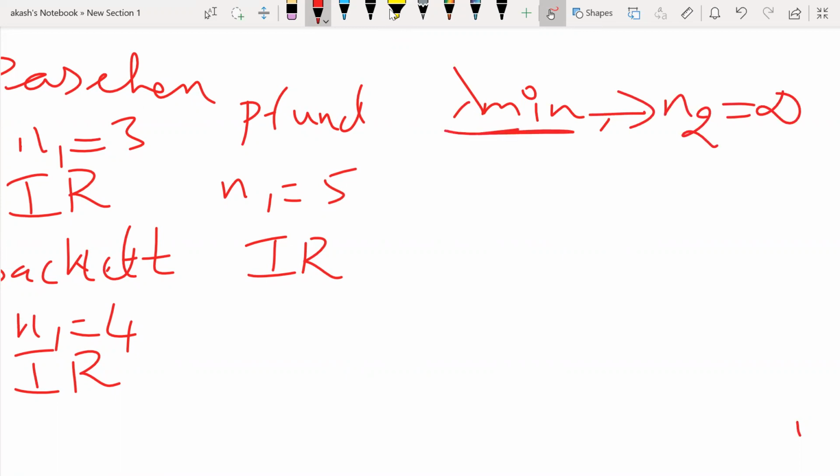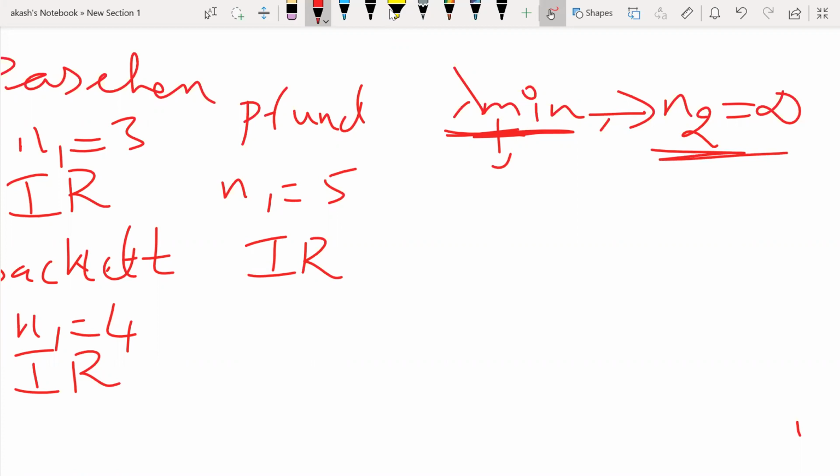I'm talking about lambda, not wave number. If lambda is minimum, I'm going to have wave number maximum and energy maximum. They can ask the question in terms of energy also. Remember, energy and wavelength are inversely related. So to find the shortest wavelength, n2 should be infinity.